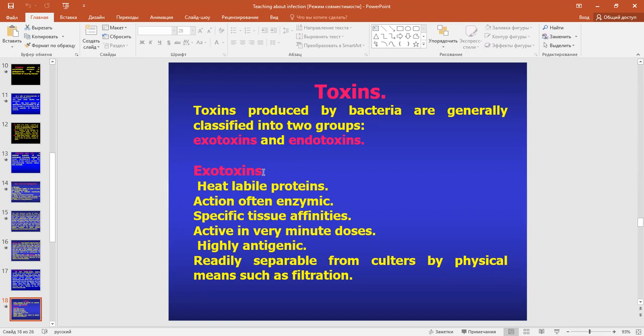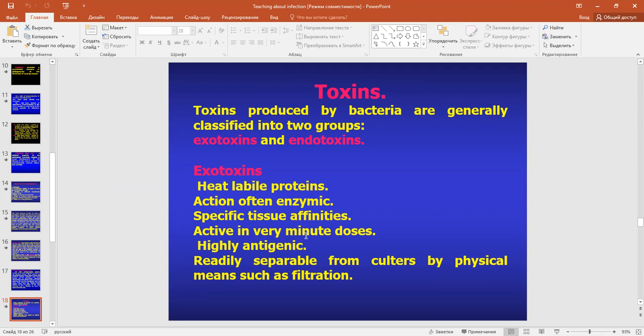They are named enterotoxins. Some of them are able to destroy the upper layer of skin: exfoliative toxins, and so on. Some of them are able to destroy many cells; they are named membrane toxins. Some of them are able to destroy tissues; they are named histotoxins.